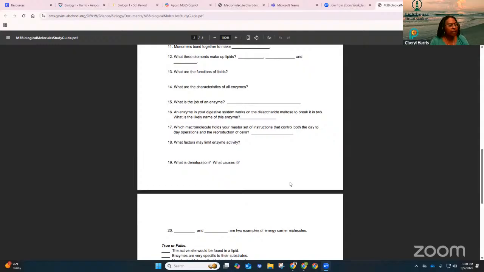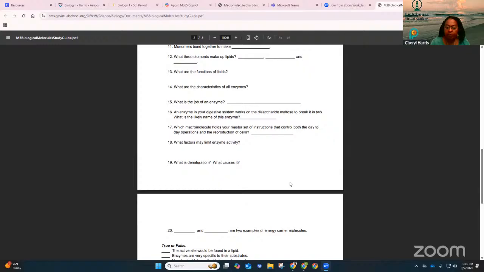Proteins fit on certain surfaces like a lock and a key. When you denature it, it loses its shape, so it no longer fits the lock. So they don't work. So that's what you want to say about denaturization. Again, enzyme activity, acids, and temperature for number 18.